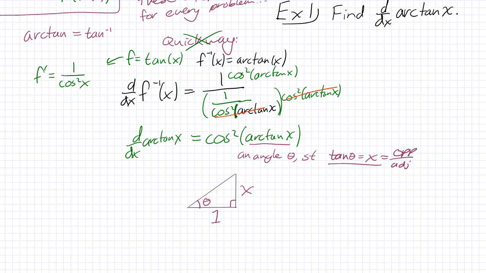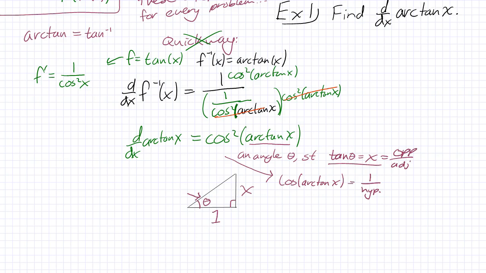So then, what is cosine of this angle, is the question. We're going to use the Pythagorean theorem to find the hypotenuse, because cosine of this angle, the thing we're trying to find here, is the adjacent side from theta, which is 1, divided by the hypotenuse, because that's the definition of cosine.